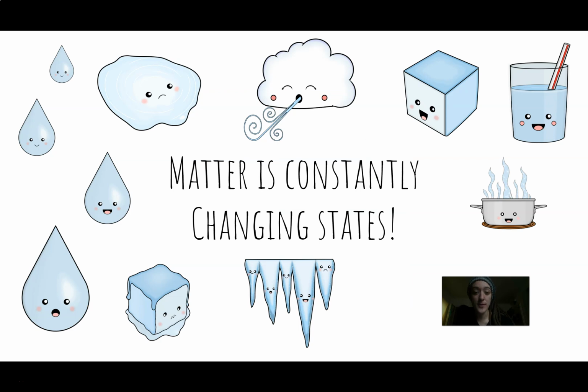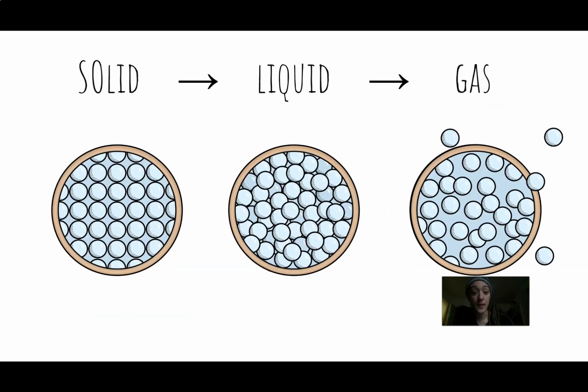So there you go. Matter is constantly changing states. When matter is changing states, it really depends on how much energy is being added or subtracted from that state of matter, right, from the water. So you can either add energy and it will change from solid to liquid to gas, or you can remove energy and it'll go back the other way from gas to liquid to solid.